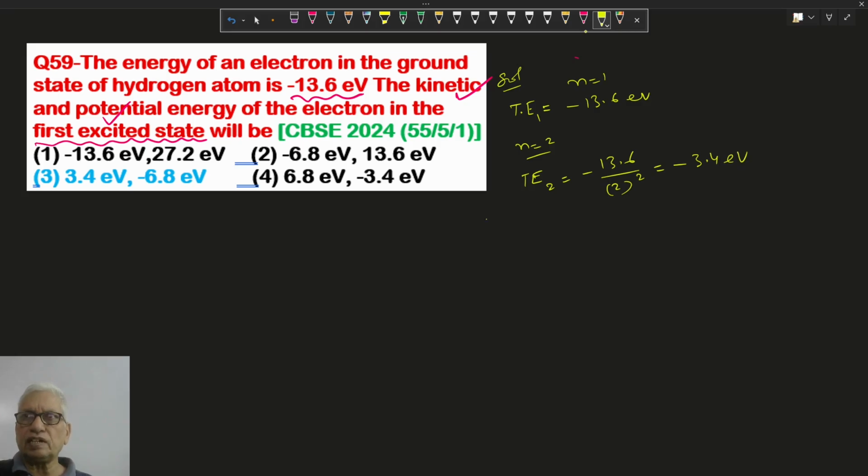The numerical value of the total energy, because it is negative, is just equal to the kinetic energy. So the kinetic energy is 3.4 electron volt, and the potential energy is double the total energy, negative, which is minus 6.8 electron volt. So total energy minus 3.4 electron volt, kinetic energy 3.4 electron volt and potential energy negative 6.8 electron volt. So option 3 is correct.